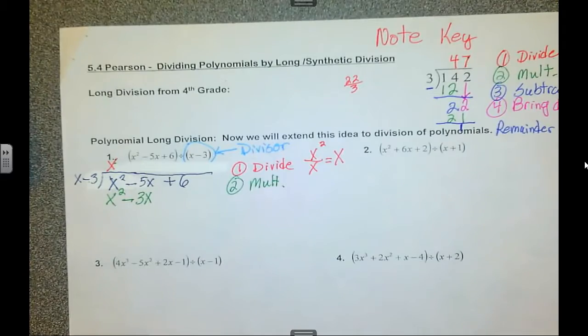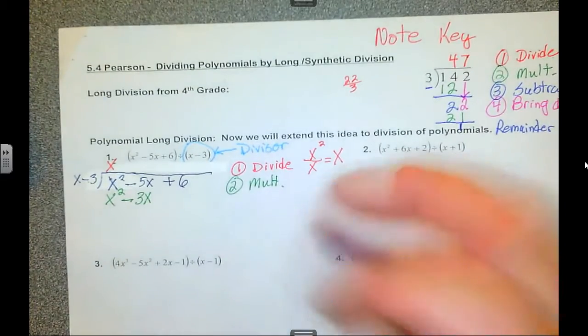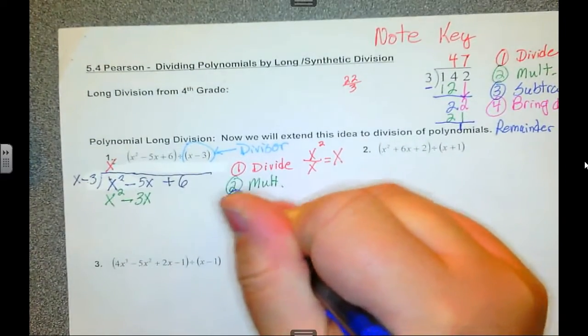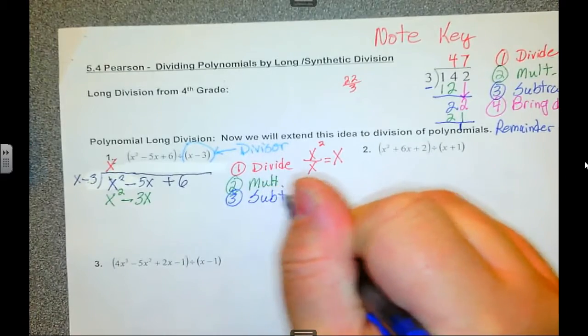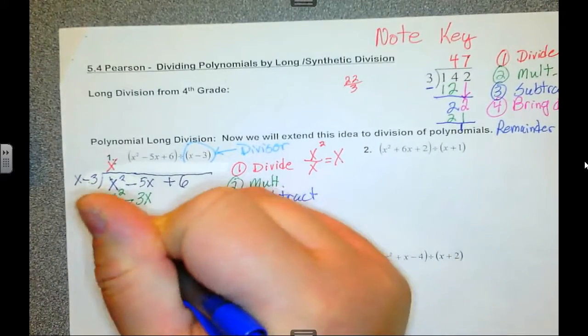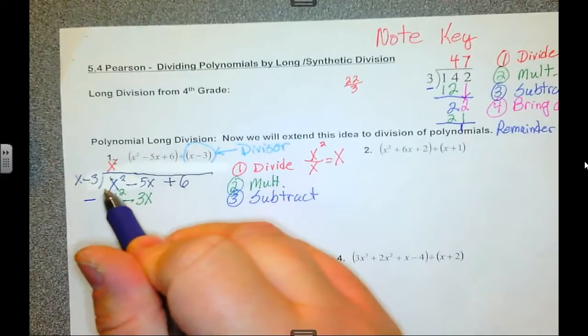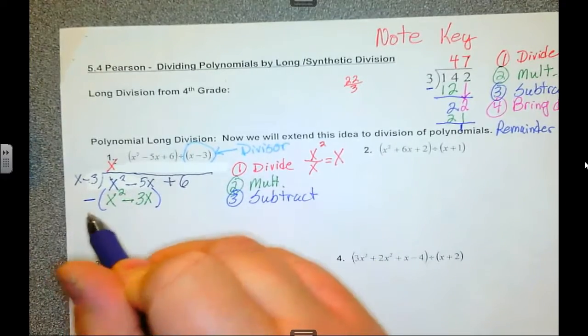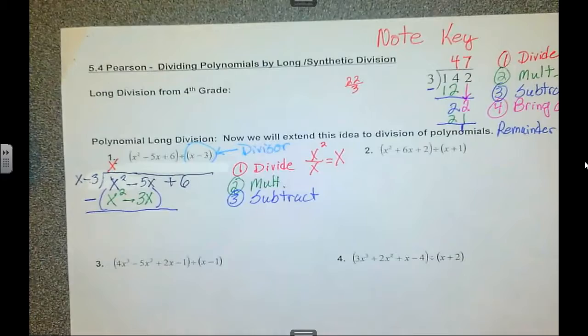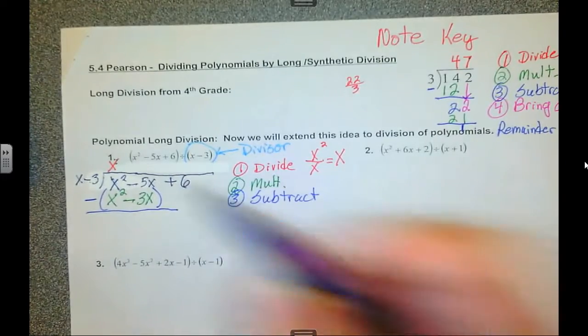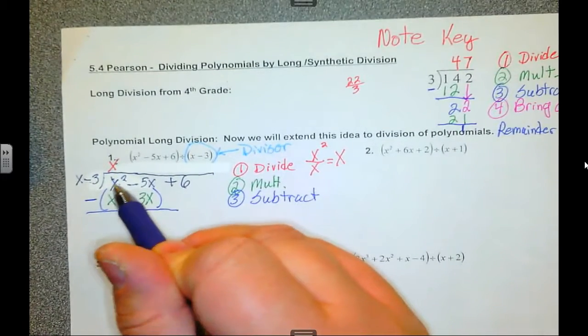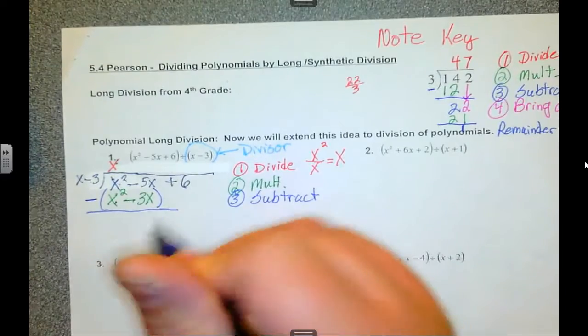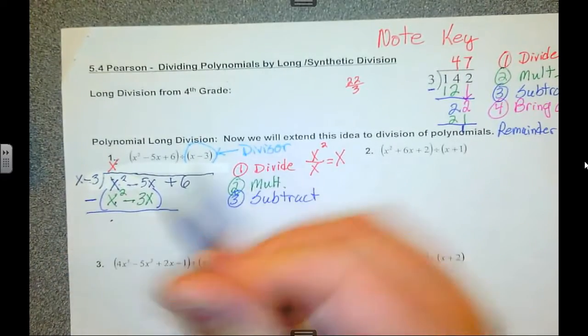All right, third step. Subtract. Okay, x squared minus x squared, 0.